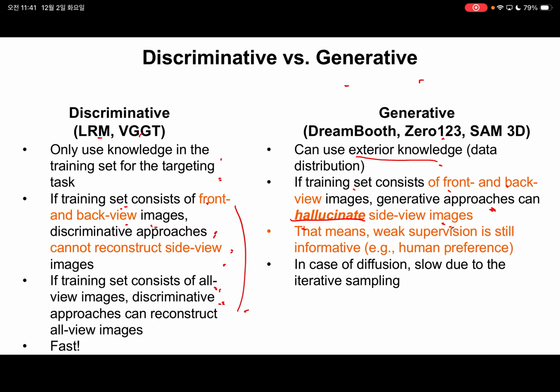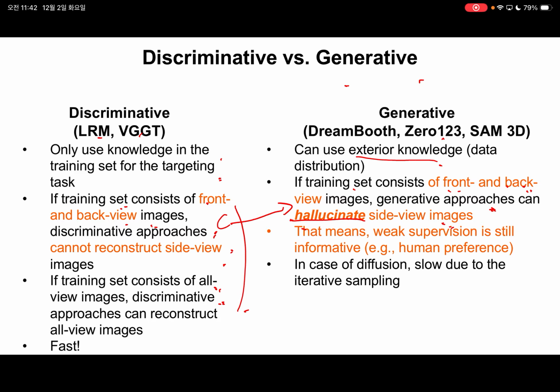That is the clear difference between discriminative and generative approaches. Discriminative approach only uses knowledge in the training set. If your training set consists of front and back view images, it cannot reconstruct side view images. But with a generative model, although your training set only consists of front and back view images, we have some image distribution, so although we provide supervision for front and back view images, it can hallucinate side view images.